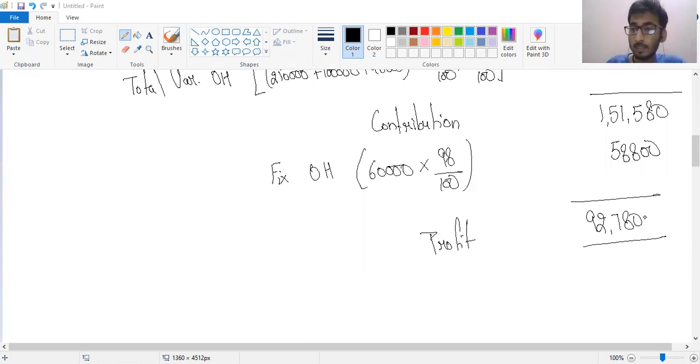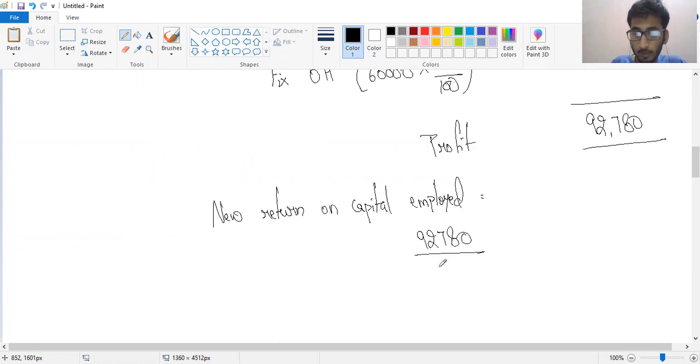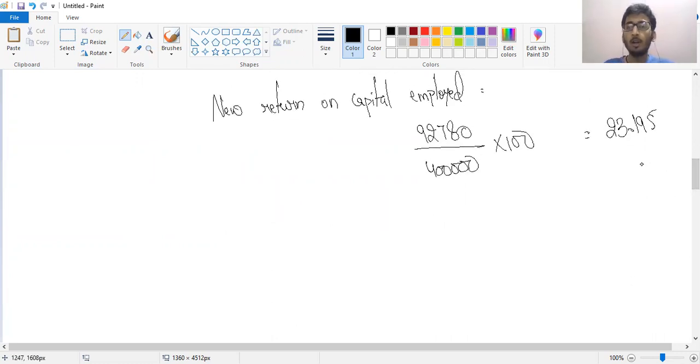Okay, so let's see the new return on capital employed. It is 92,780 divided by 4 lakh multiplied by 100. It is 23.195. So what can we imply with this?